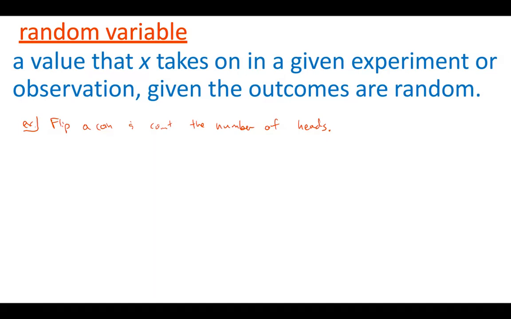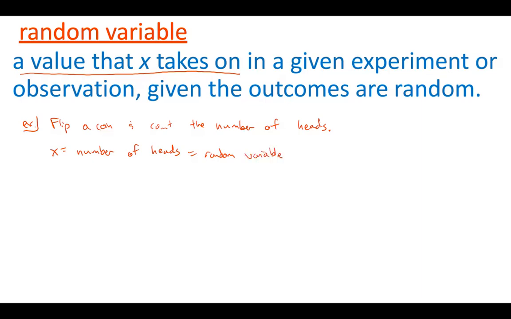So the random variable is the value that x takes on. So the possibilities for x, meaning the number of heads, that is our random variable, because that is what we're measuring and it is a random occurrence.